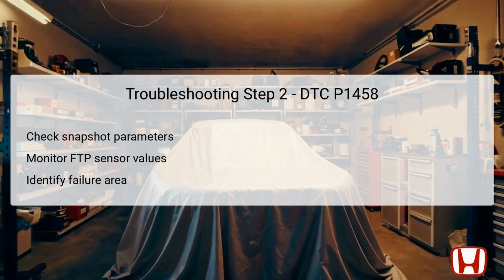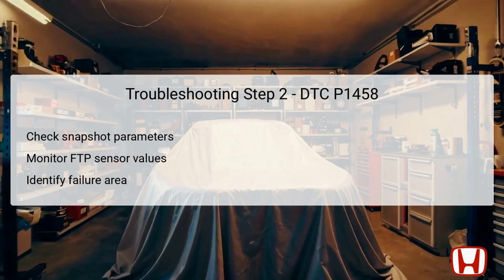Once the fuel level is confirmed, the next step involves determining the possible failure area. Again, avoid starting the engine and take a snapshot with the HDS for approximately 3 minutes while the ignition is on. This snapshot will capture operational parameters necessary for diagnosing the FTP sensor. After capturing the data, focus on both the maximum and minimum values of the FTP sensor.